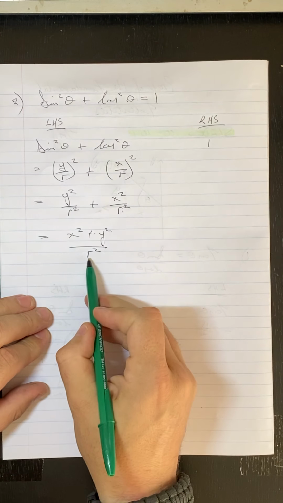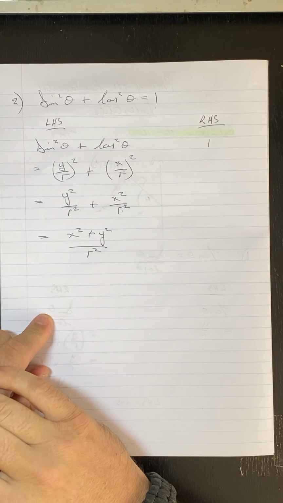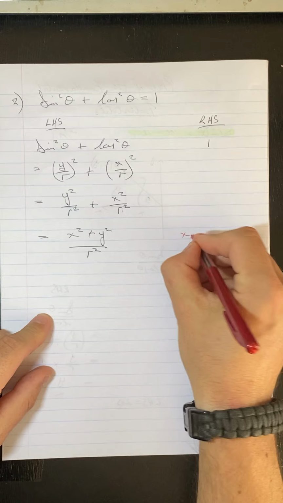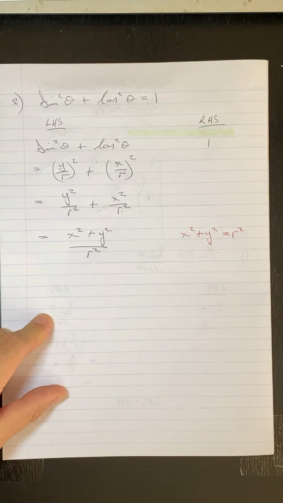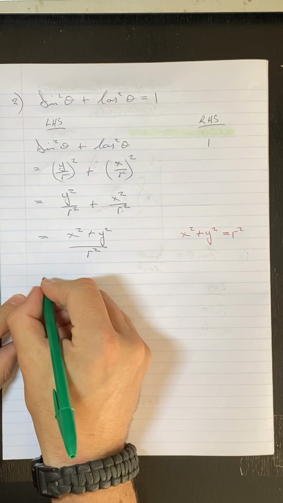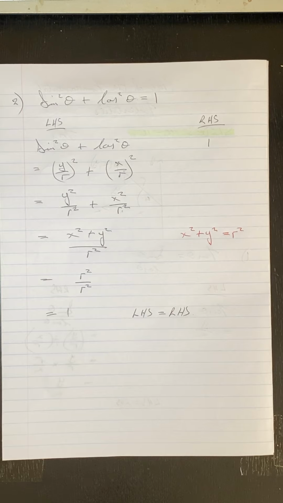They're both over r squared, and I've just rearranged it to be x first. Now, we know from Pythagoras that x squared plus y squared equals r squared. So we get r squared over r squared, which gives us 1, which is equal to our right-hand side. So left-hand side equals right-hand side, and we've proved that identity.